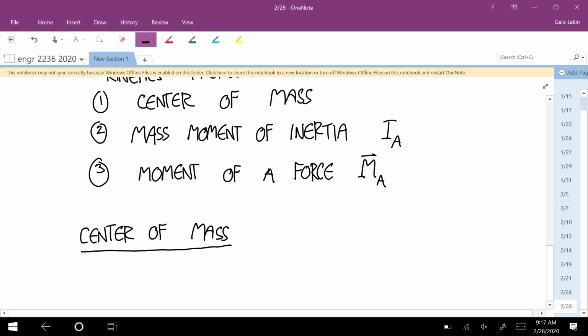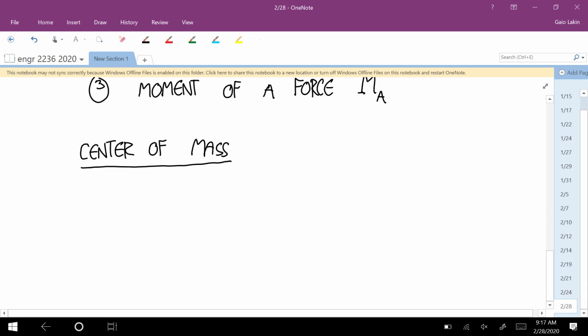Okay, so center of mass. So the integral definition of center of mass, you know, there are integral definitions for the center of mass and the centroid. We're not really going to use those, but I'm going to give you those. And maybe I'll come back and do an example, so you just see one example of how to use this.